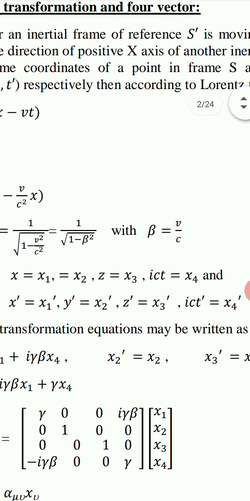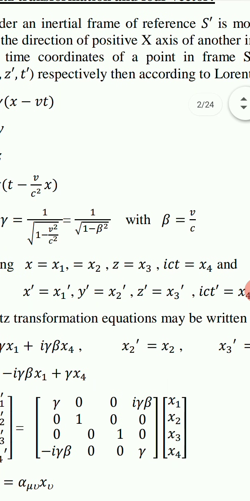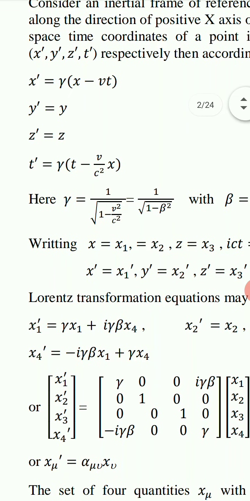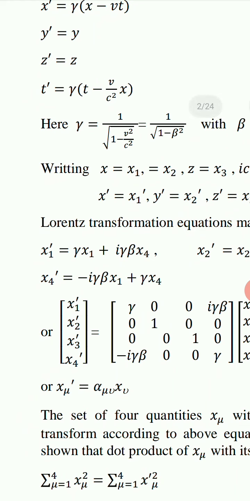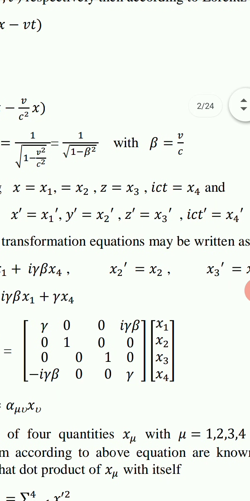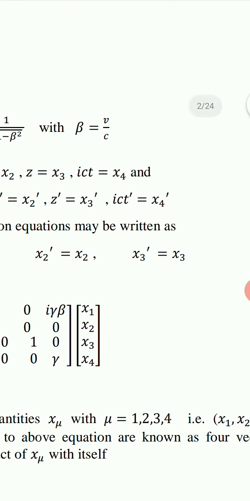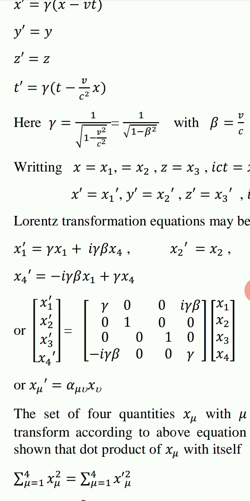If we make such transformation, then the Lorentz transformation equations can be written as: first equation becomes x1 dash equal to gamma x1 plus i gamma beta x4, second x2 dash equal to x2, third x3 dash equal to x3, and fourth x4 dash equal to minus i gamma beta x1 plus gamma x4.